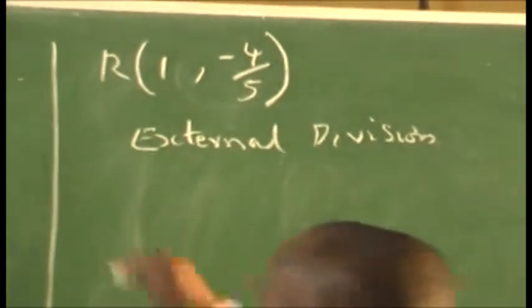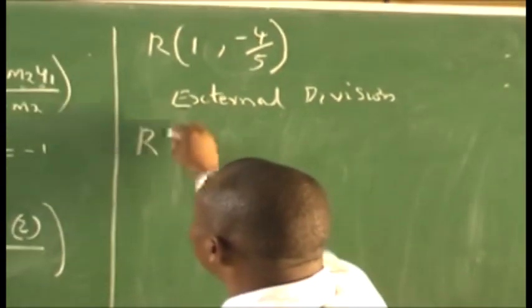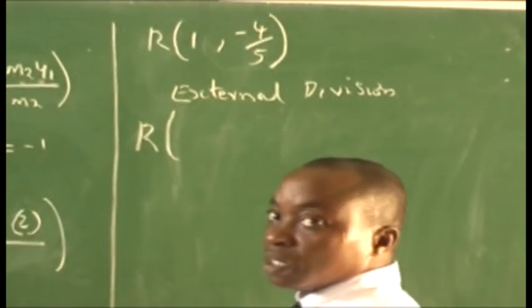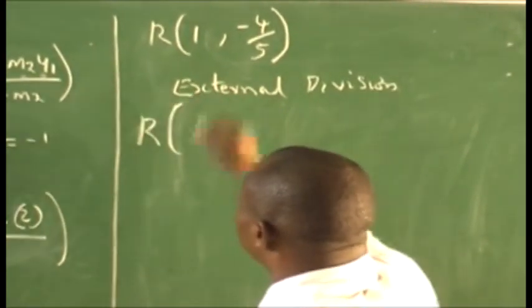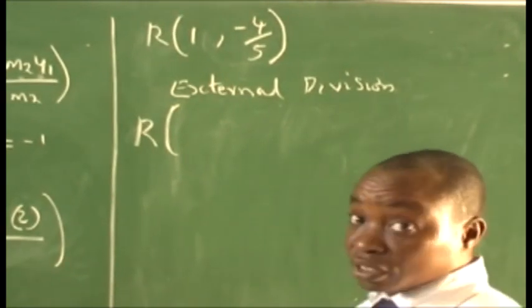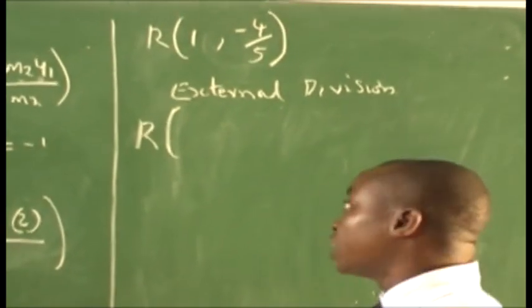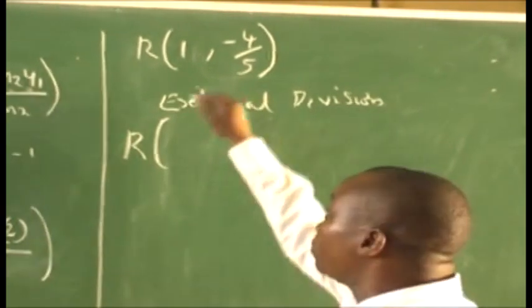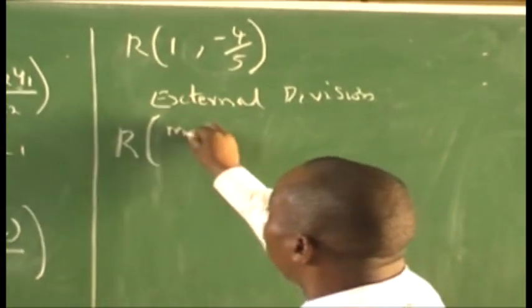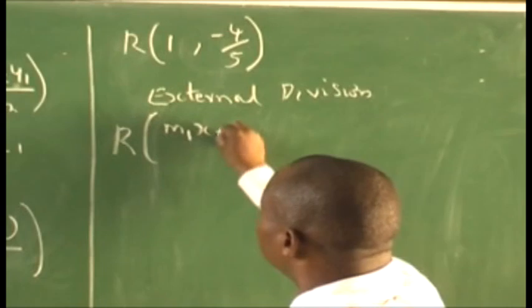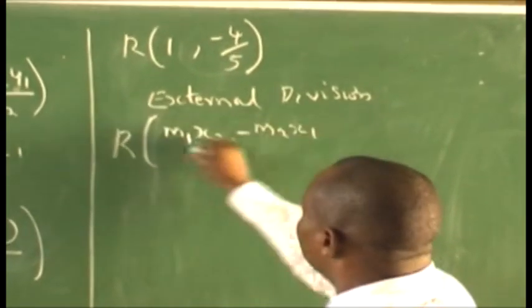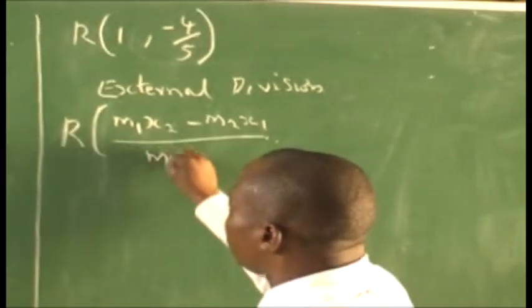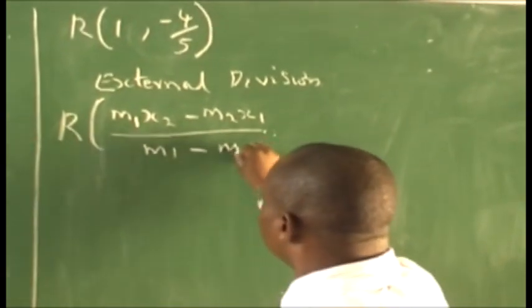We recall that the coordinate of R as a point that divides the line externally is given by M1 X2 minus M2 X1 all over M1 minus M2.